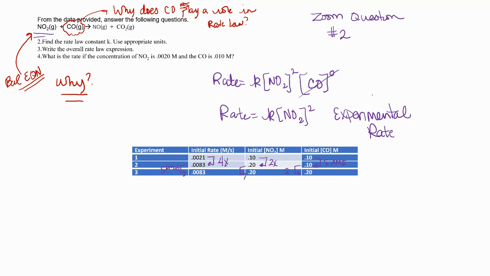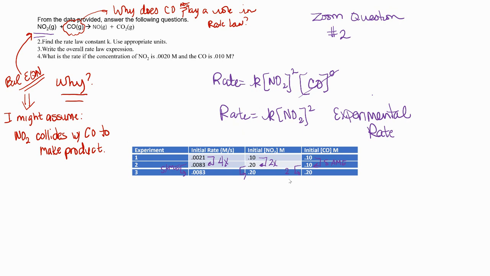Okay, if I look at the balanced equation, I might assume that NO2 collides with CO to make product. And I think that that's a good thing to start from because that's probably what all of you think and what makes kind of sense, right? We're looking at the balanced equation.